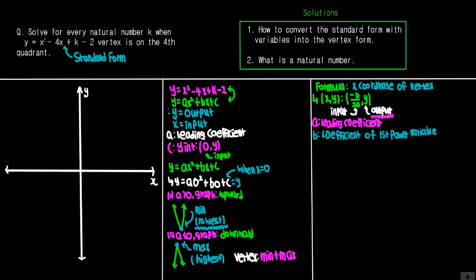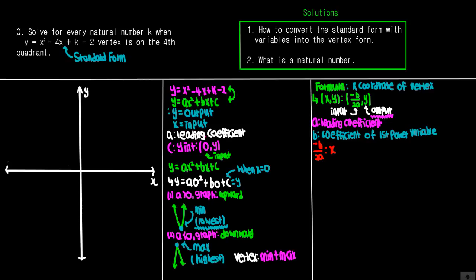So let's input our specific values to solve. Our formula is negative b over 2a, the same thing as finding the x-coordinate of our vertex.